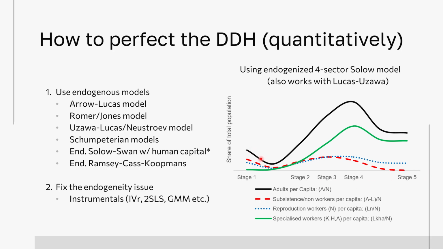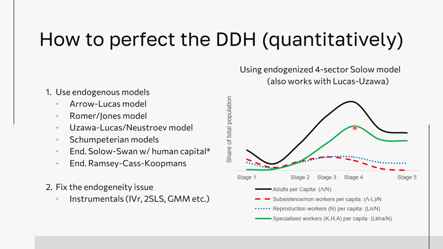Early demographic transition imposes a contractionary effect as the young cohort enter into their teenage years, and hence you have fewer adults per capita. But then once you're into stage 2 to stage 4, you get more adults per capita before you finally moderate at stage 5 or 6, depending on your interpretation.